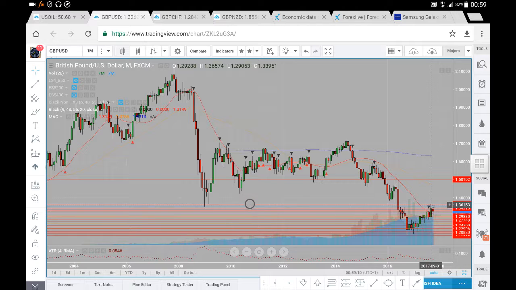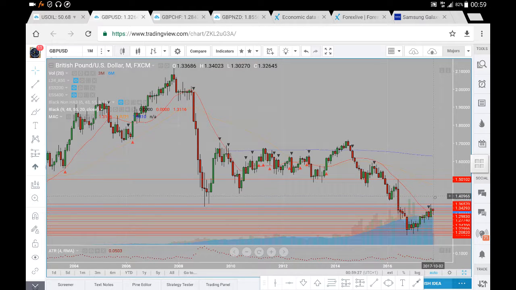Now, we didn't reach the low of September before some buying came into the market, and buyers have stepped into the market.